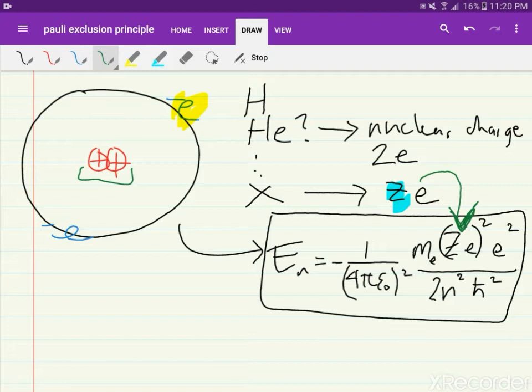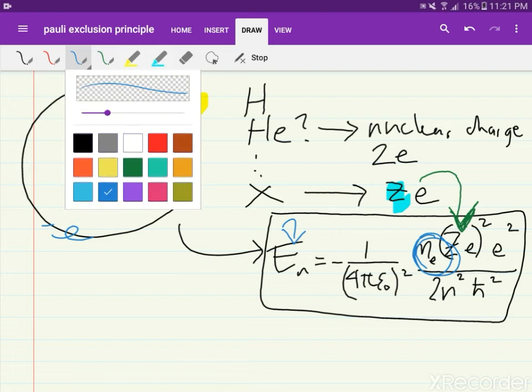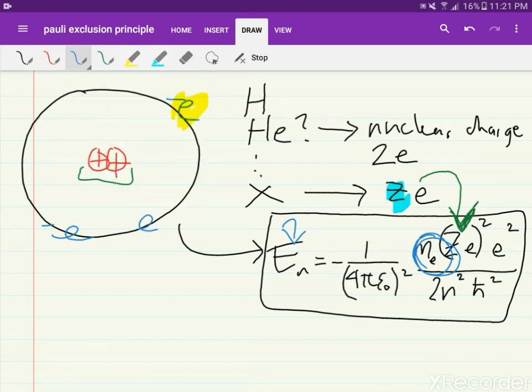So this only considers a single electron in the energy here. But in reality, there are multiple electrons present in an atom with a higher nuclear charge.